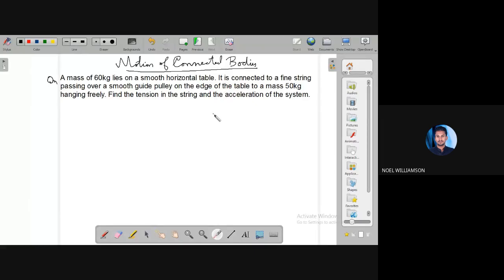Figure തന്നിട്ടില്ലെങ്കിൽ എങ്ങനെ നമുക്ക് വരയ്ക്കാം എന്നുള്ളത് നോക്കാം. So a mass of 60 kg lies on the smooth horizontal table. So there is a horizontal table like this, and a mass is kept over it.